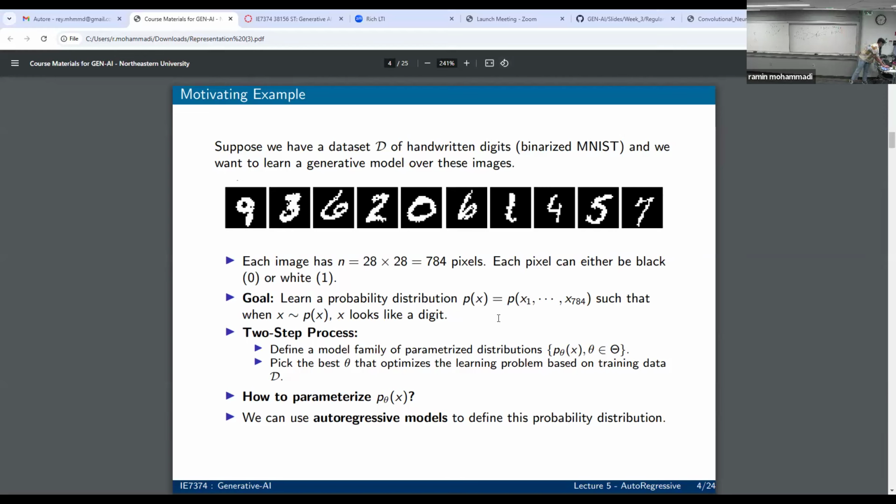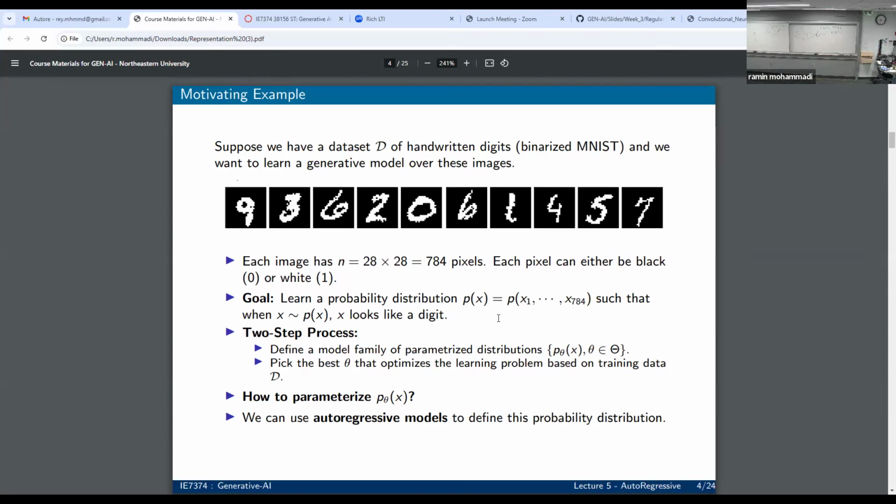All right, so now suppose that you have these MNIST handwritten images, and they are 28 by 28. They have 784 pixels. They are binary. So technically you have 2 to the power of 784 parameters if you are interested in learning this probability distribution, right?